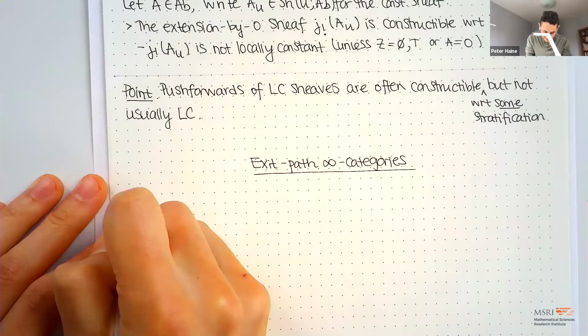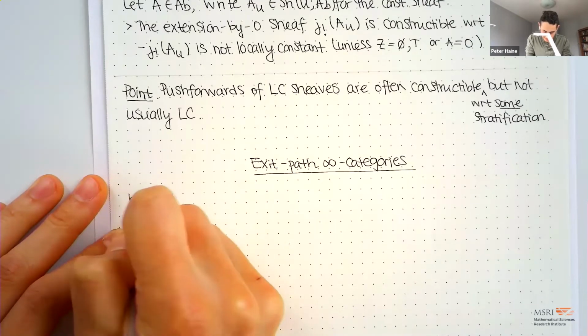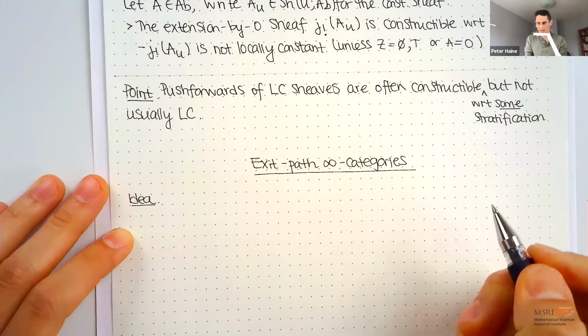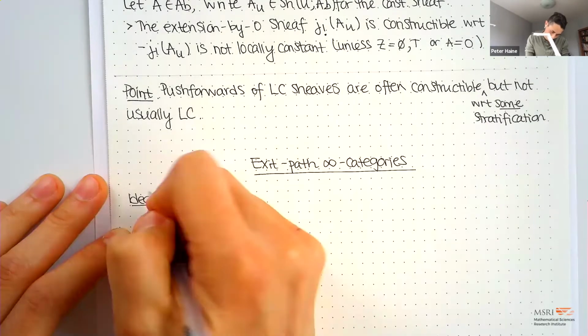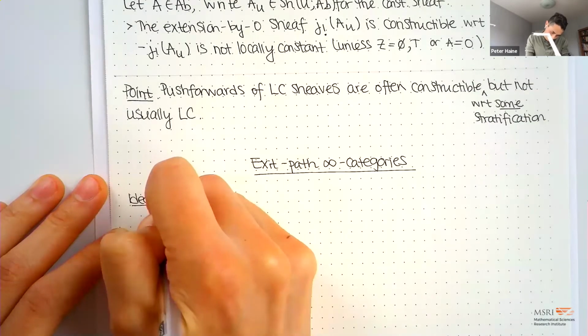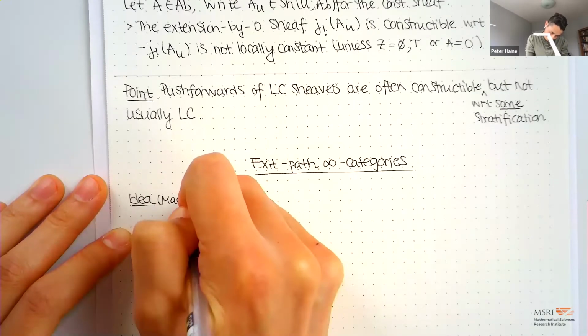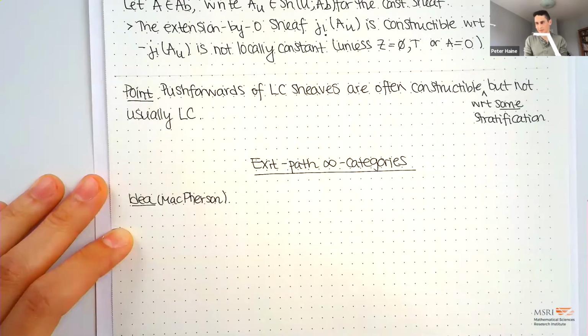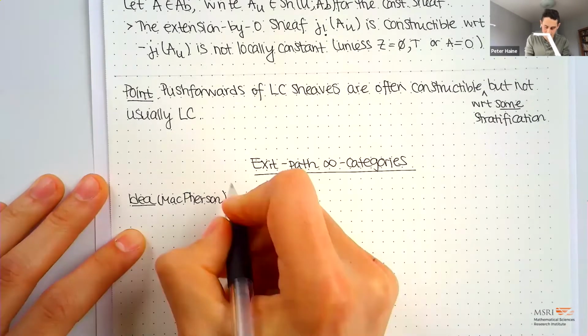So, now let me try to describe what the replacement for the underlying homotopy type is. This idea goes back to MacPherson.